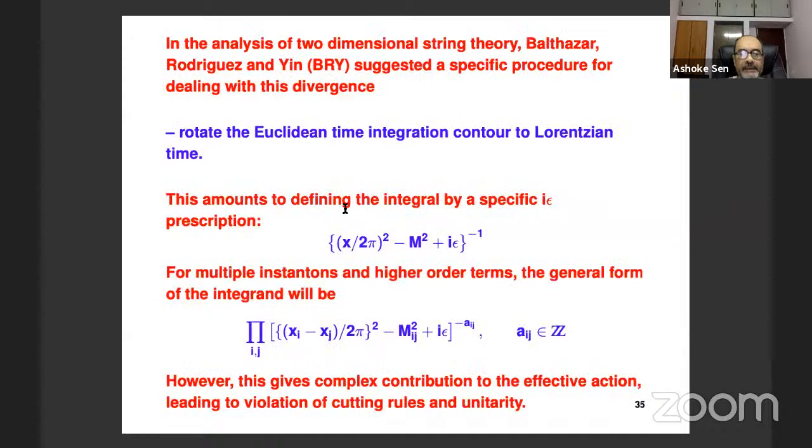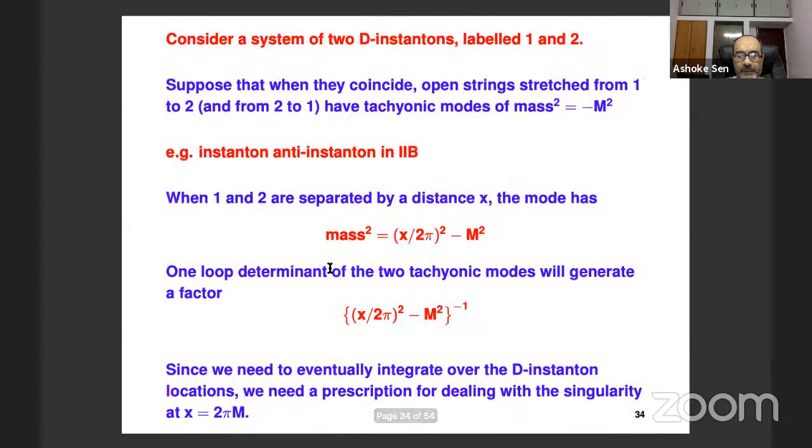But one can show that in the Euclidean path integral, this amounts to defining the integral by a specific iε prescription. Okay, so the Lorentzian integration contour that they use is equivalent to introducing this iε prescription in the Euclidean variable. Now, notice that in the Lorentzian prescription, it will look real because it's minus (x/2π)² minus m².